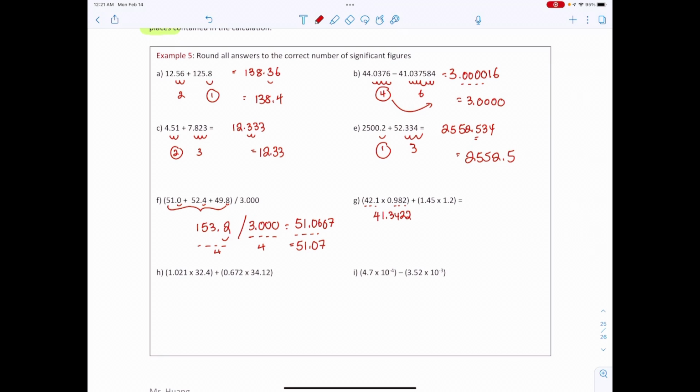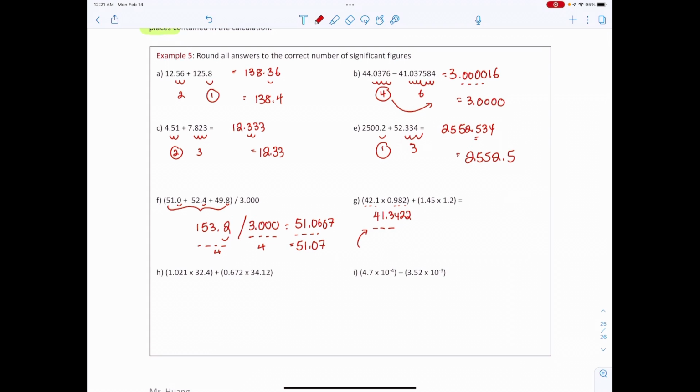So I'm just going to keep in my mind and make a note that my number here technically should end at the 3. Now I don't want to just delete the 422 behind. That's useful in my calculation, and I don't want to restart my calculation for every step. You want to keep the decimal places, but I use these lines here just to remind myself how many significant figures I'm looking at.